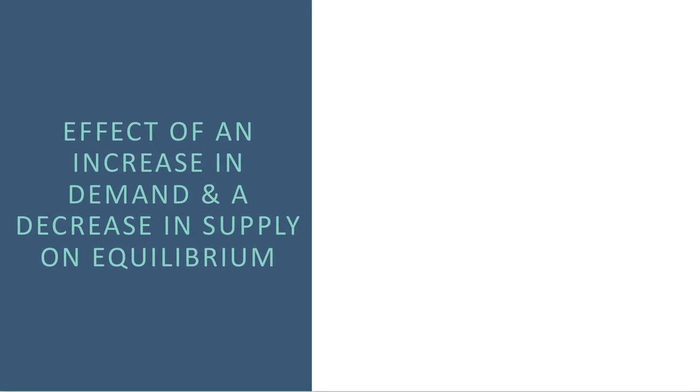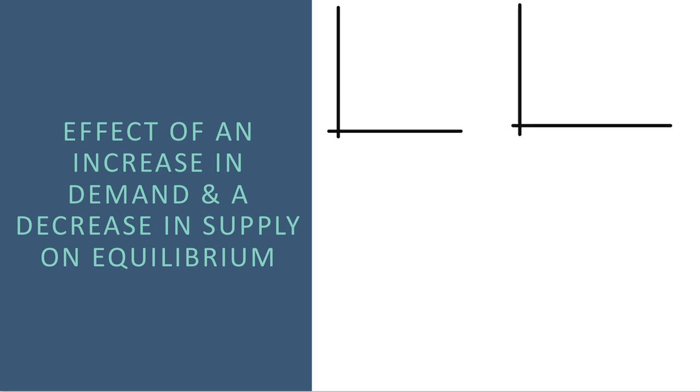And then we have one last one where there's a decrease in supply and an increase in demand. So same thing as the others. You're going to draw two graphs so that you can see the effects of each shift on its own. Supply is upward sloping. Demand is downward sloping.